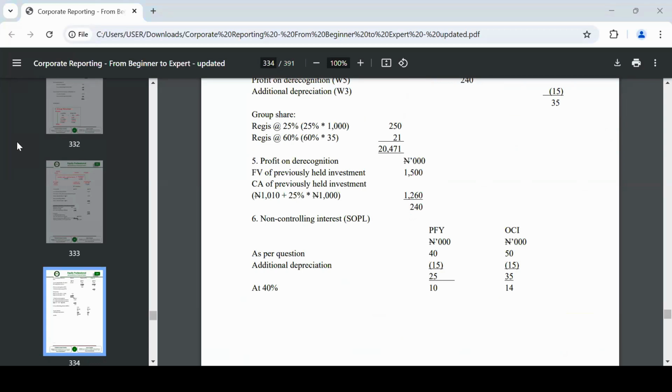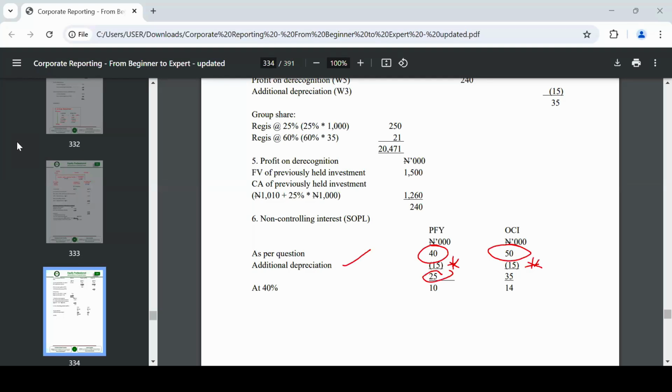Like I said earlier, this 15 affects both of them. So even though the question had told you the profit was 40 and OCI was 50, you take out the expense, the new expense, which is your additional depreciation.